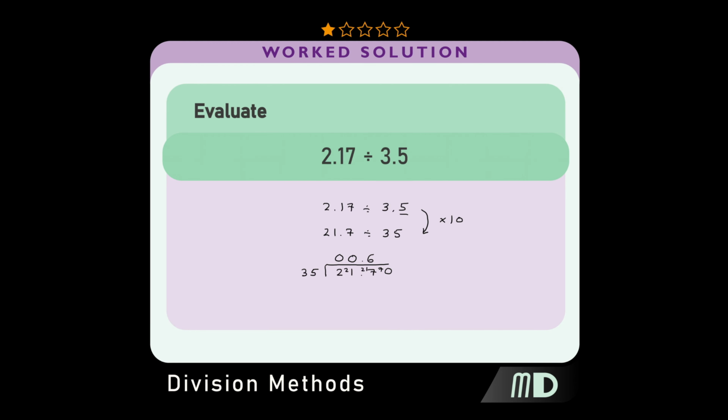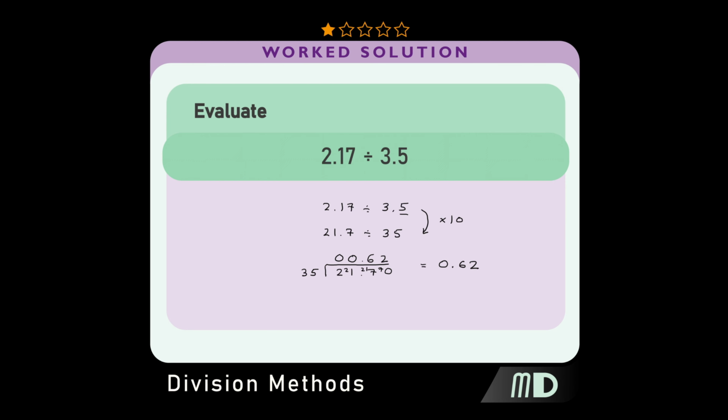And finally, 35 divides into 70 twice, so we need to put a 2 above the 0 digit. There is no remainder, so the division calculation is finished, giving us the answer 0.62.